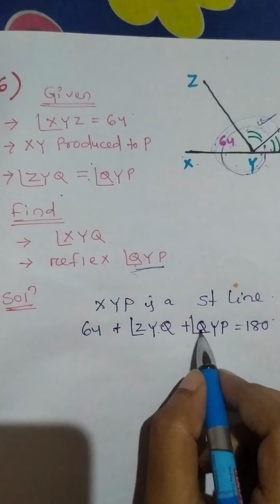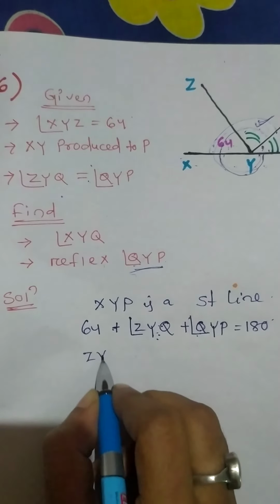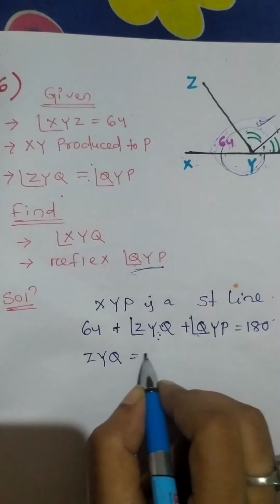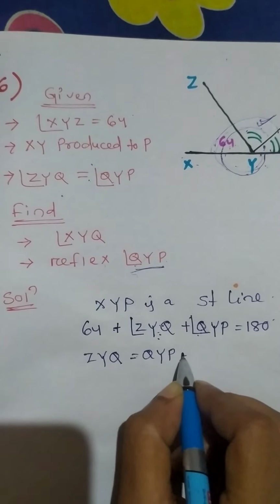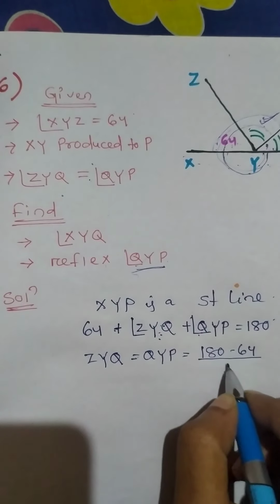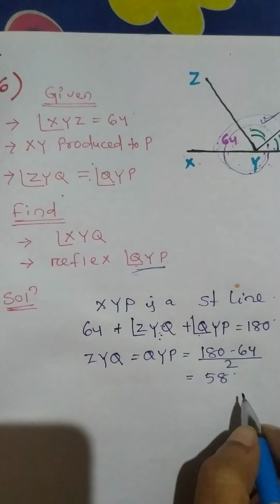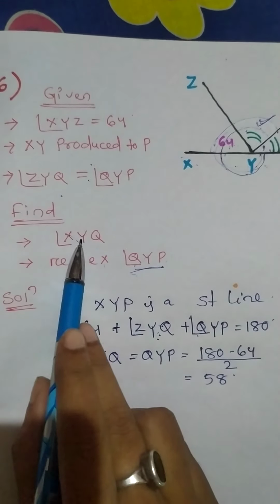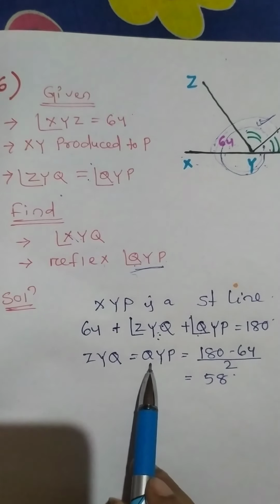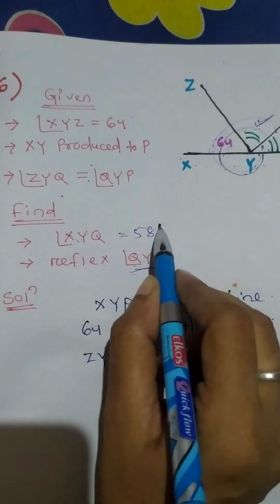Again these two angle values are equal. So ZYQ is equals to QYP is equals to 180 minus 64 divided by 2. So it will come as 58 degree. So ZYQ value, this value we got as 58 degree.